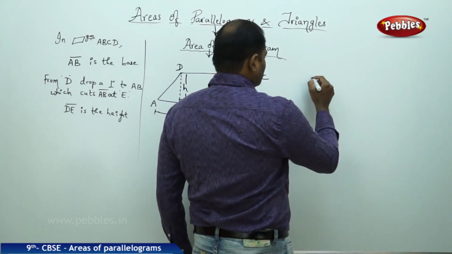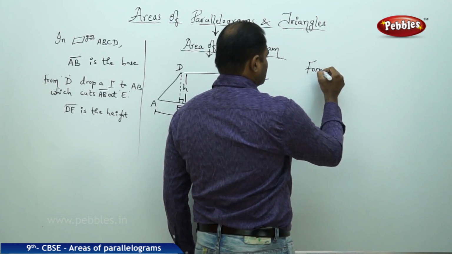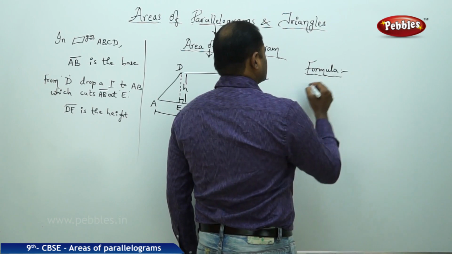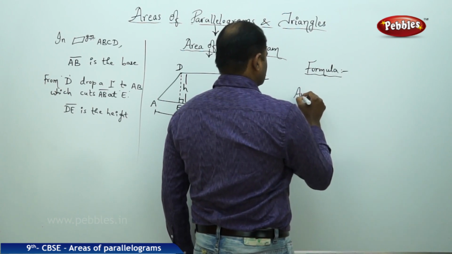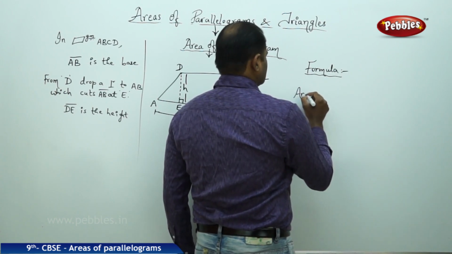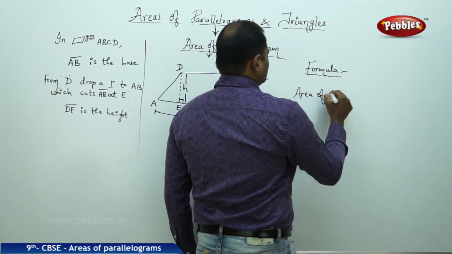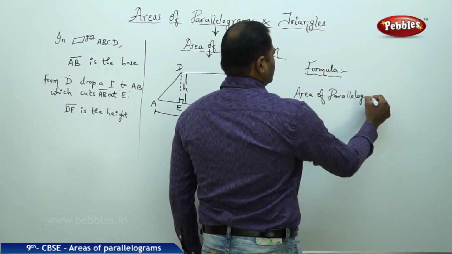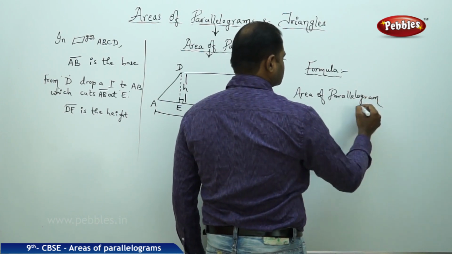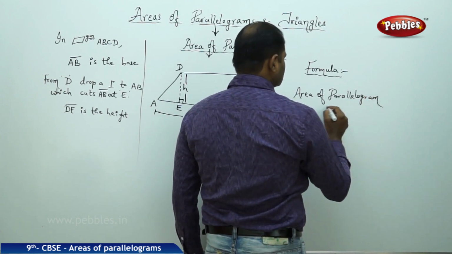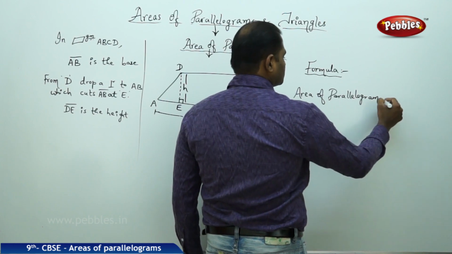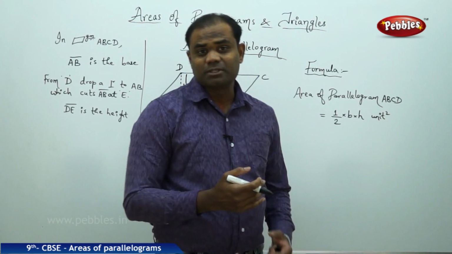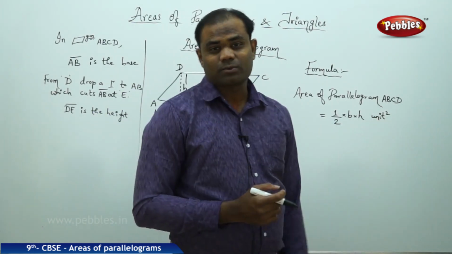So here we have a formula which says area of parallelogram ABCD. It can be meter square, it can be centimeter square, it can be kilometer square.